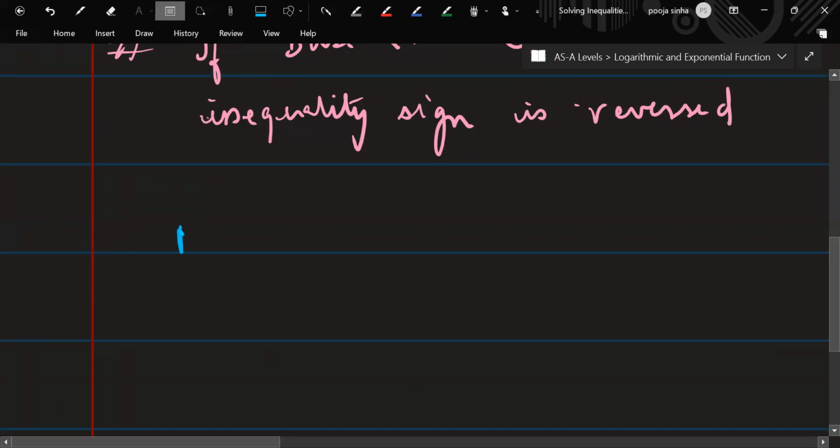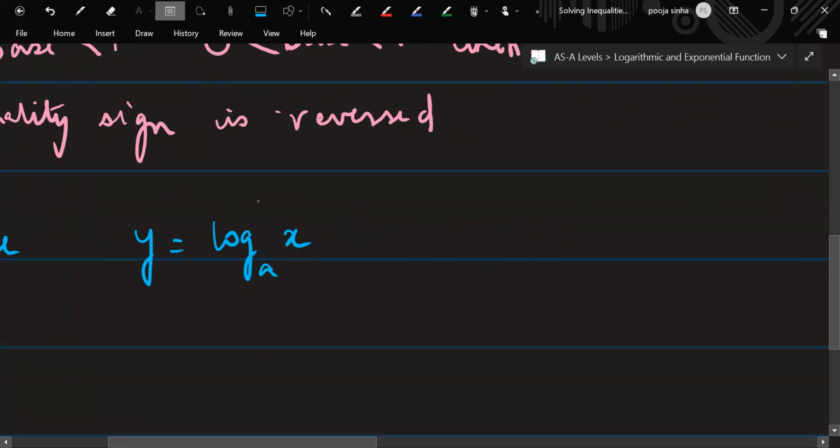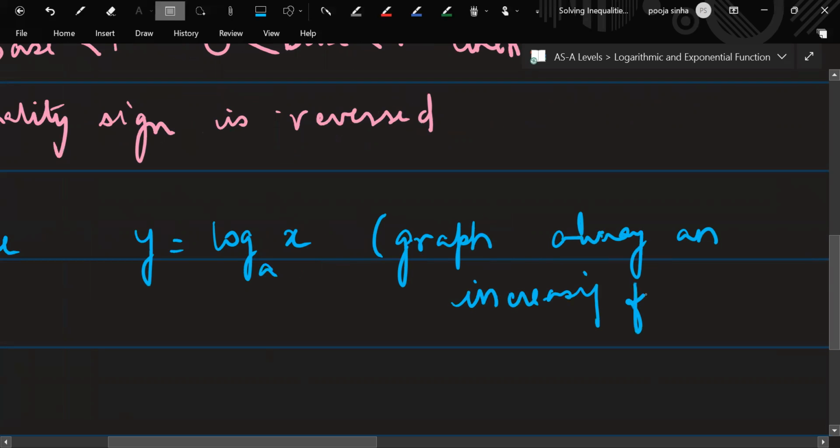Now, another point to be noted is, this happens because when y is equal to log to the base a of x, this function, if you plot this, if you make the graph for this, you will see that it is always an increasing function when a is greater than 1.